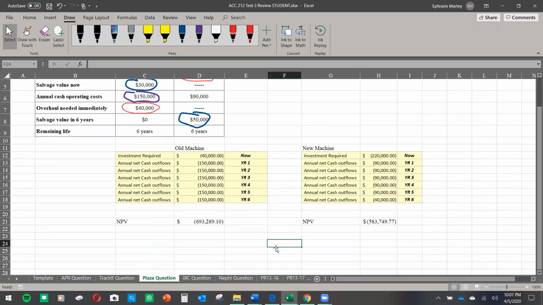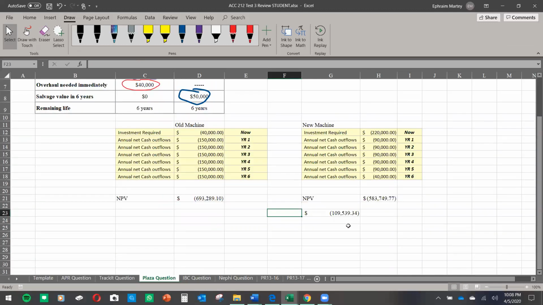So with this, what is your recommendation? What should we do? Now find the difference. Which one is worse, which one is better? The net present value of the old machine is 693,593, so the new machine is better. The difference gives us 109,539. So we'll tell management the new machine will favor us; we will spend 109,539,000 less.